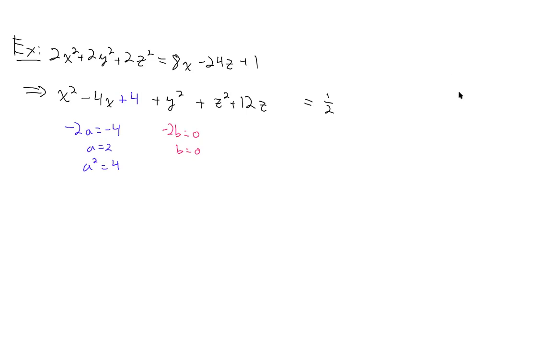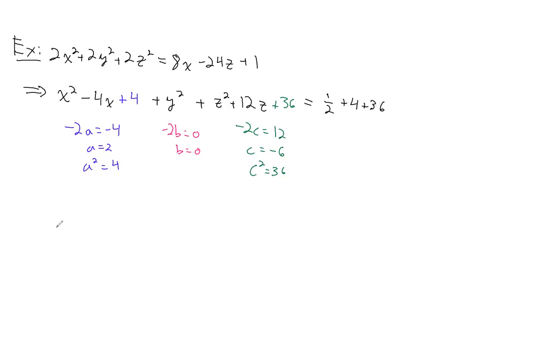And then that leaves us with c, with the z terms. We see in this case negative 2c is equal to 12, which tells us that c is going to be equal to negative 6. So we're going to add a term of 36 onto that side. And again, do unto one side what you do unto the other: plus 4 plus 36.